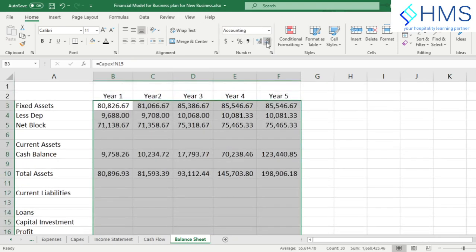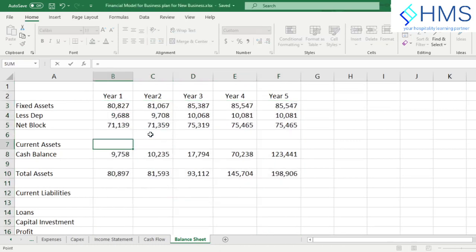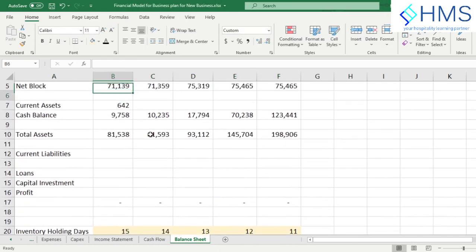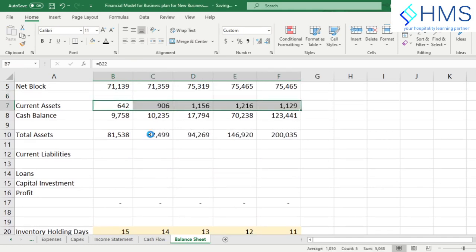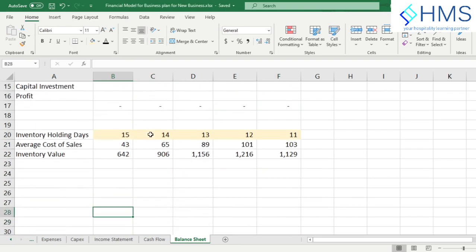And then you normally will have current assets, which means your inventory basically. So that's your balance sheet. Now the current liabilities means you may not be able to pay your supplier. So again, the cost of sales means how many inventory days you are paying.